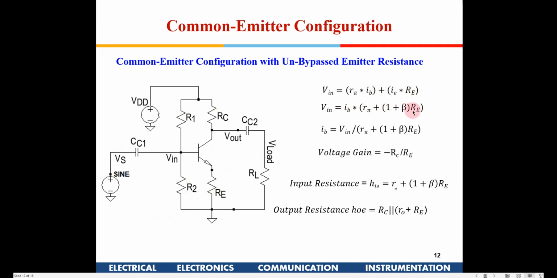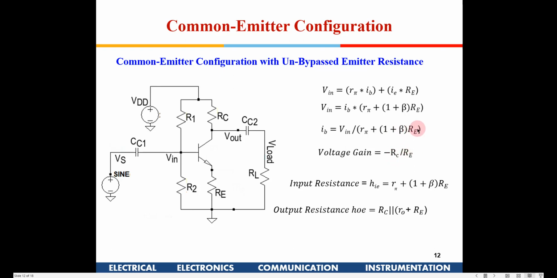So IB is Vin divided by r pi plus 1 plus beta RE, and the output voltage remains ICRC, if we are assuming RL and r0 to be much higher than RC, like in the previous case. So the gain will be beta RC divided by this entire thing. Now if you approximate this whole thing as beta RE, then the voltage gain will become RC divided by RE.